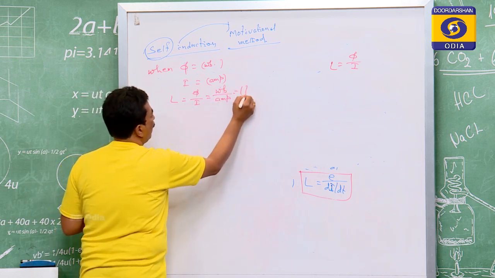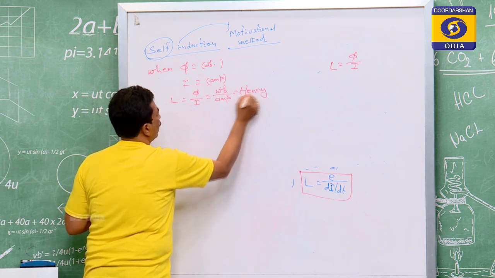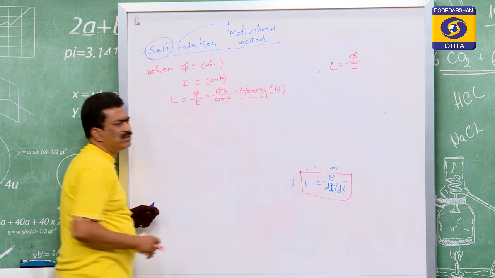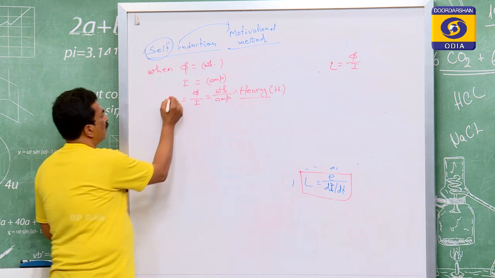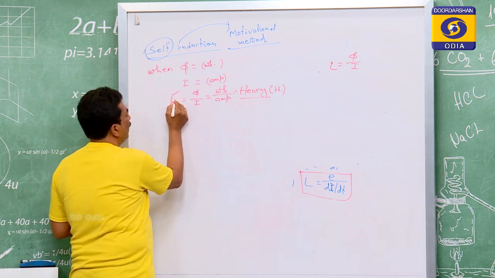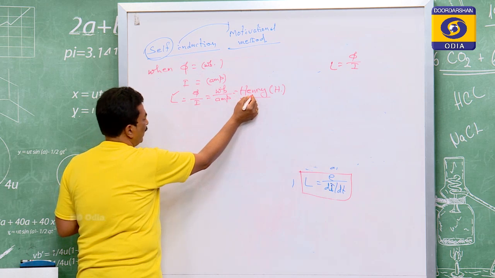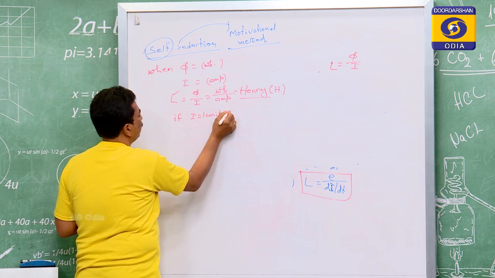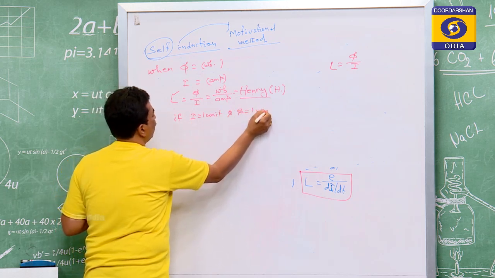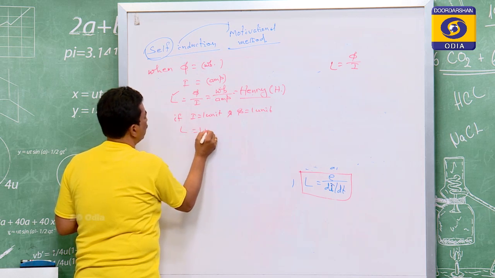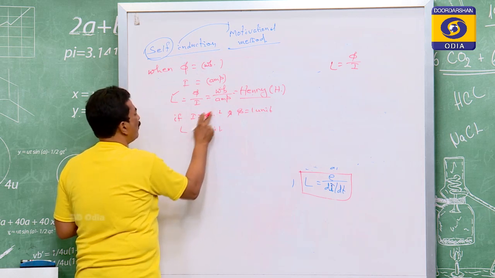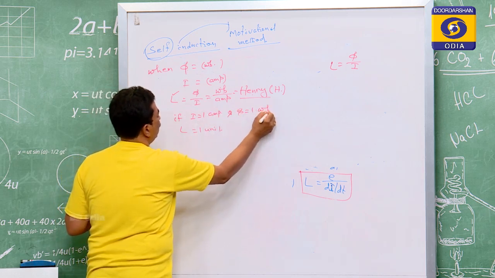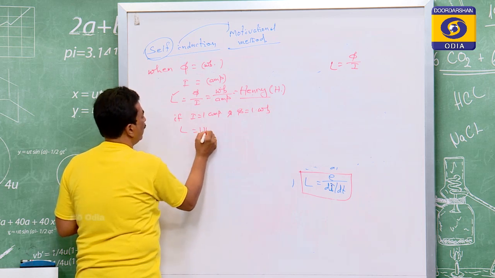This Weber by ampere is known as the Henry, written as capital H.